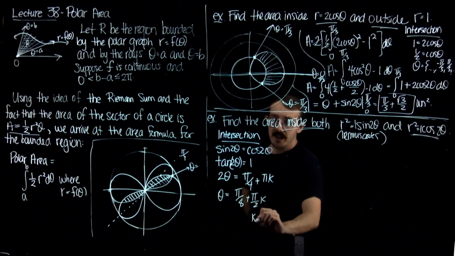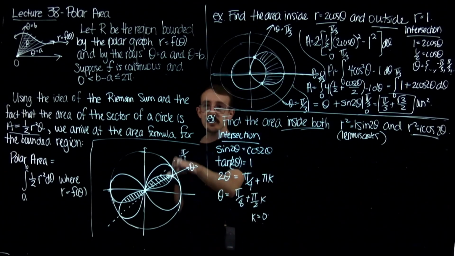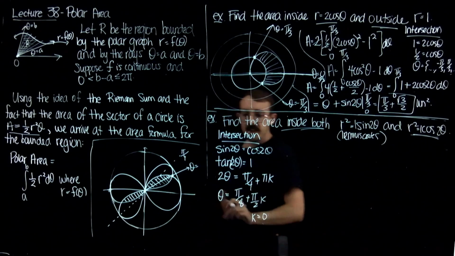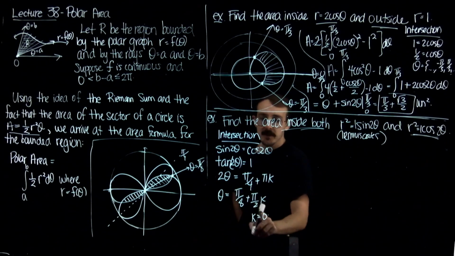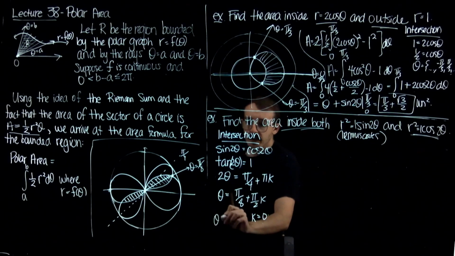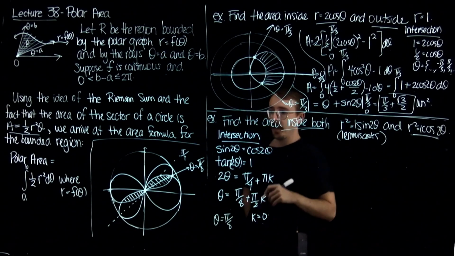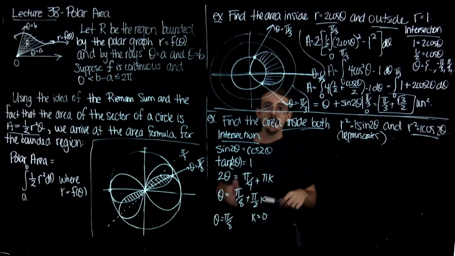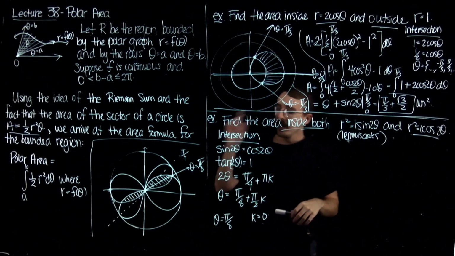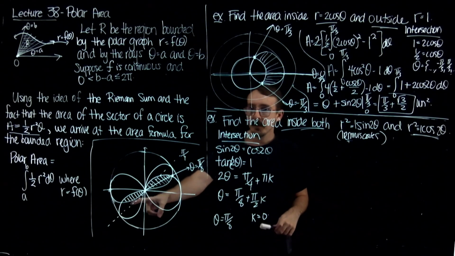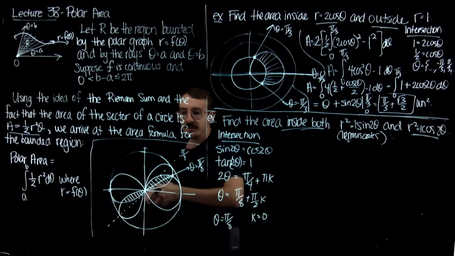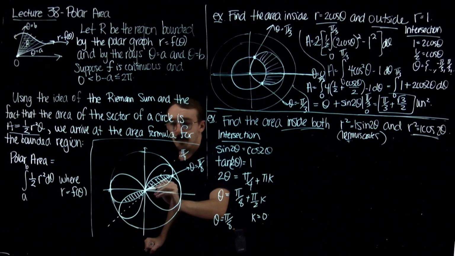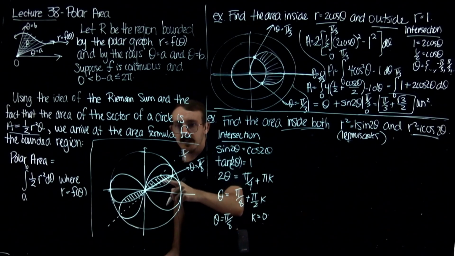I'm just going to say k equals 0 here, because I'd like to stick in the first quadrant. So this theta that I would like to name, I'd name this pi over 8. Now, using the idea that these two identical pieces can be further broken down into 4 identical pieces, right here at pi over 8 you can break this leaf into 2 identical pieces.